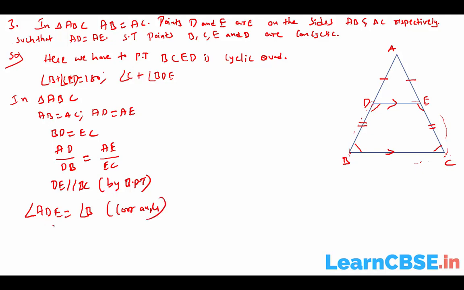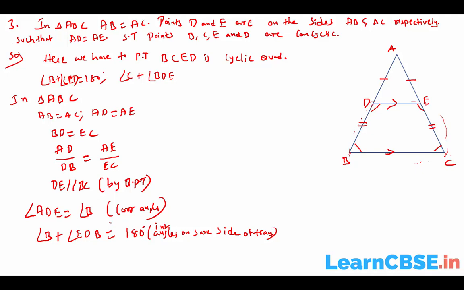Now angle B plus angle EDB equals 180, because they are internal angles on the same side of the transversal. Now angle B plus angle EDB equals 180.